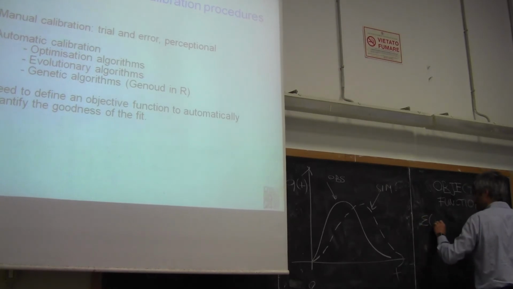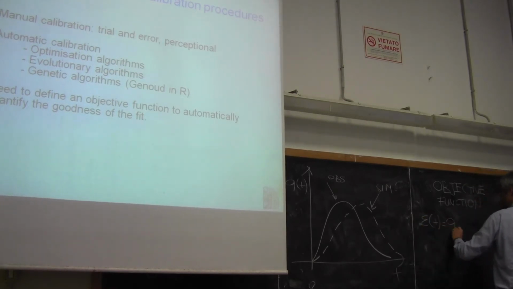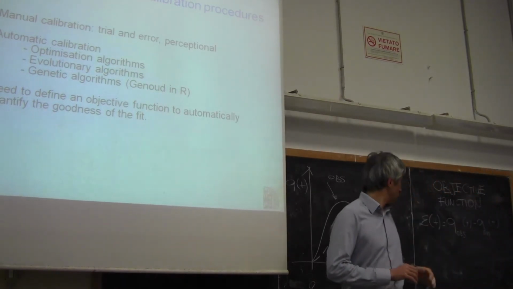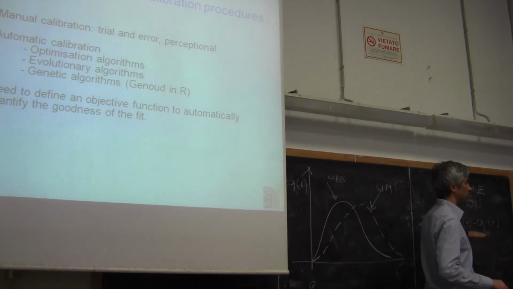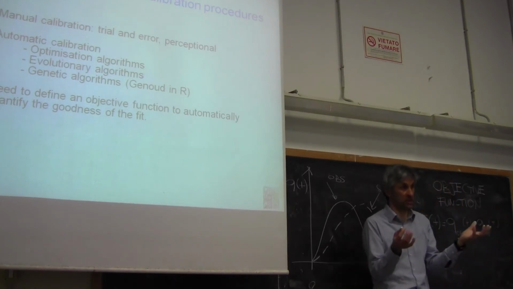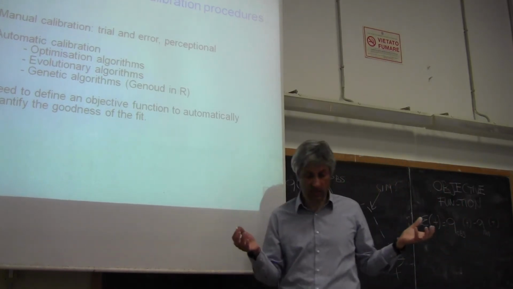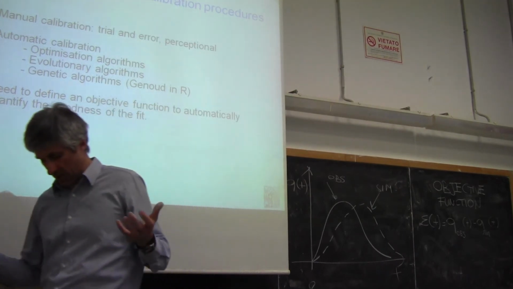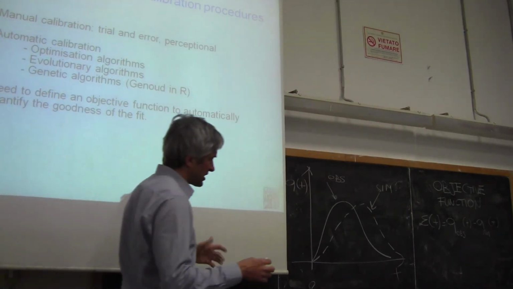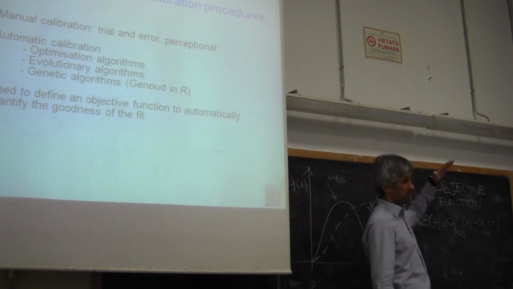Let's call it epsilon t, which is Q observed at time t minus Q simulated at time t. It doesn't matter if you subtract the simulated from the observed or vice versa. Let's call it the difference. The error is the difference between the observed and simulated variable. And of course this can be defined at each time step.